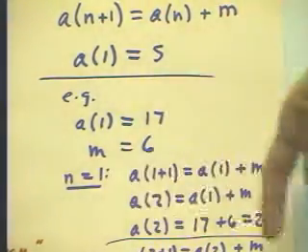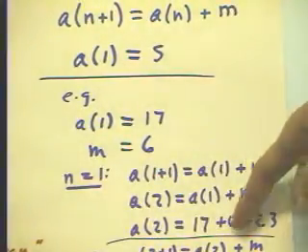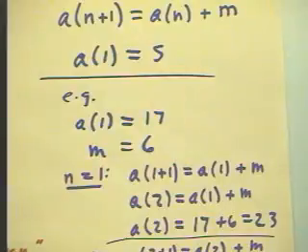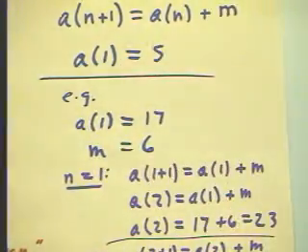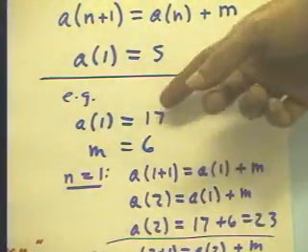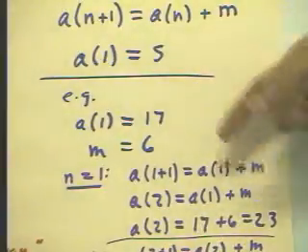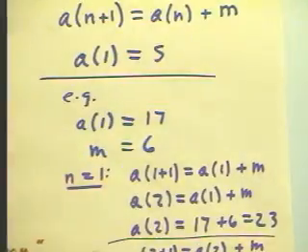So as a result, a_2 equals a_1, which is 17, plus m, which is 6, which is 23. So just by doing a substitution and following the rules, we see that we can get the next number in the sequence. Obviously, if we start with 17 and keep adding 6, the next number we're going to get is 23, and the next one's going to be 29, right?